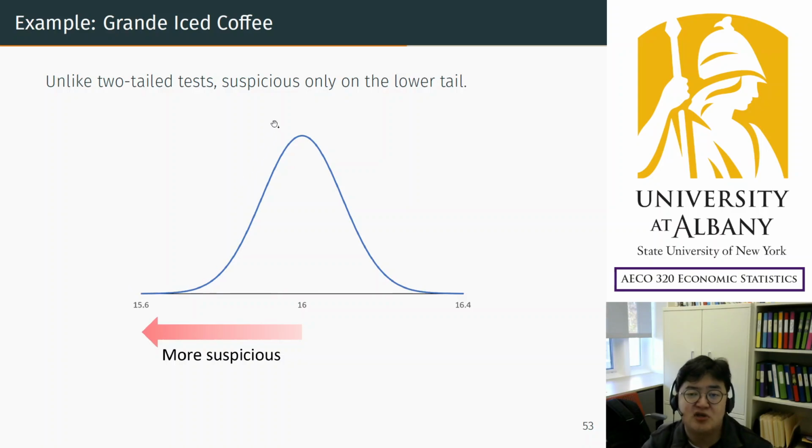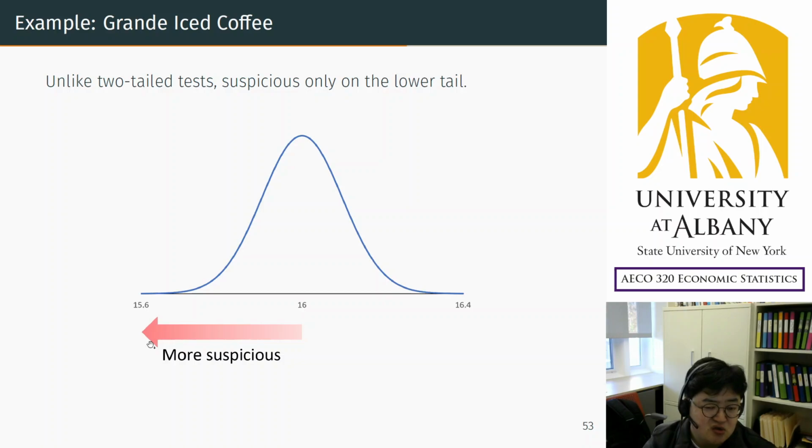The sample average is generated from the distribution around 16. But if the sample average is too small, smaller than 16, you need to suspect that the coffee shop is selling less than expected. It is more suspicious only in this direction. That is the key point.